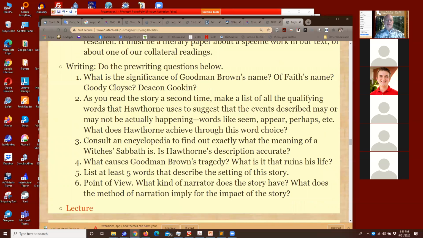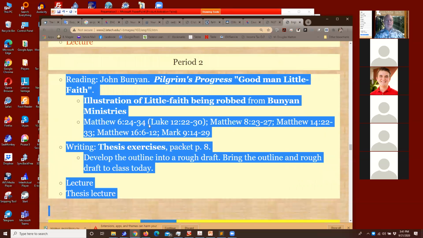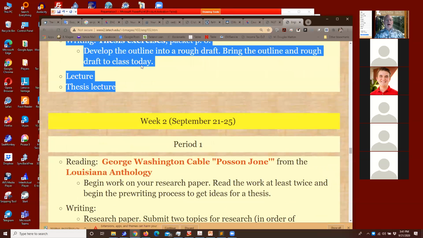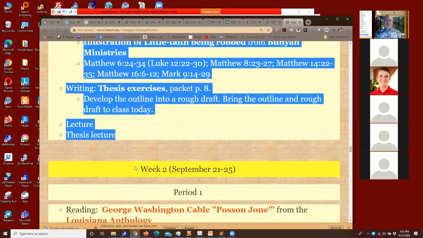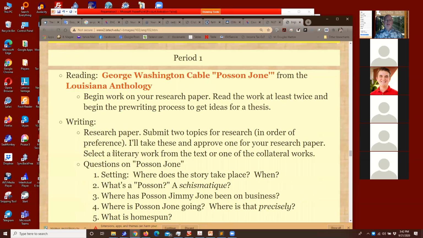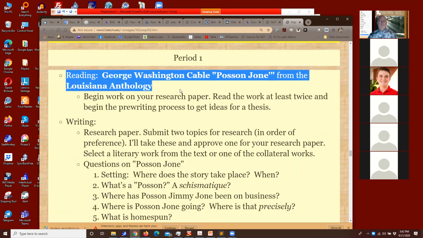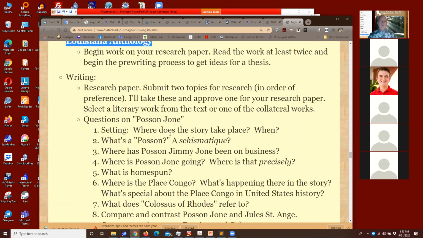So for today, instead of doing this last week, we did this week. And so before class, you read the thing assigned and then you do whatever exercises so that you're ready for class. So next period, between now and then, read Pas and Jaune by George Washington Cable.